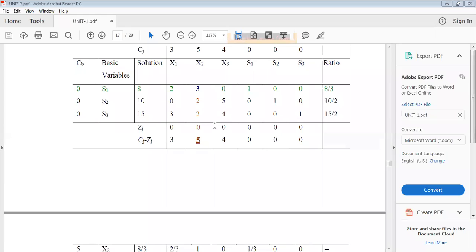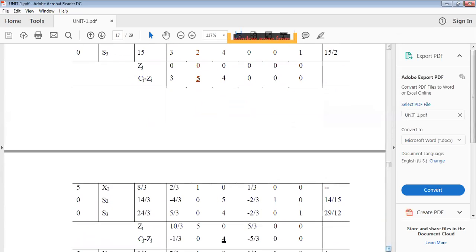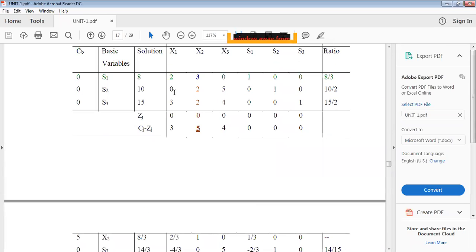Now, if you go for the next iteration, be very careful. In the next iteration, this is the key element. You take 8 by 3, 2 by 3, 3 by 3, which becomes 1. So you have to make it 1, and this is 0, this is 0, a unit matrix.